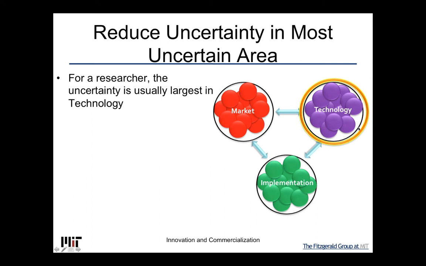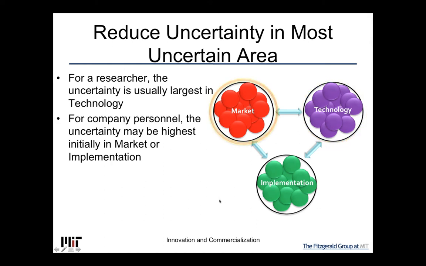Then they can stay here a little bit and hone in on which purple dots are really relevant, and what they look like as their research proceeds, and you throw things out, put other things in. So the researcher, these days usually at the university, tends to focus there, where the corporate person might focus on market and implementation, and try to narrow that initially.